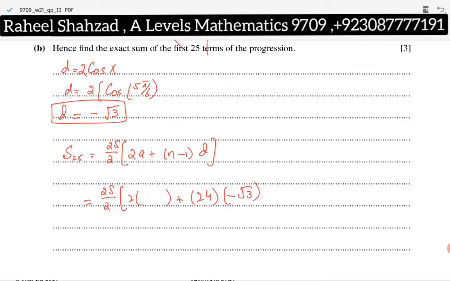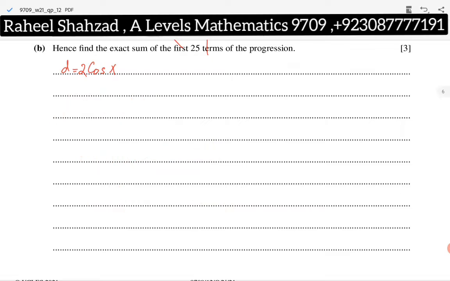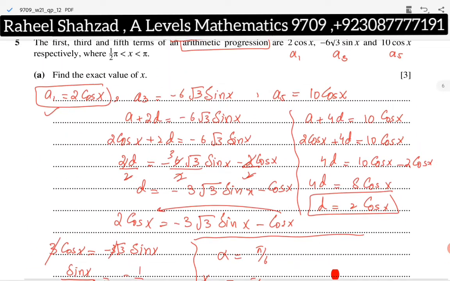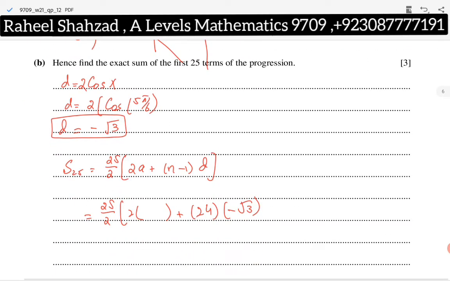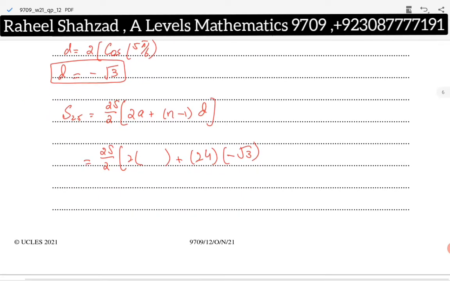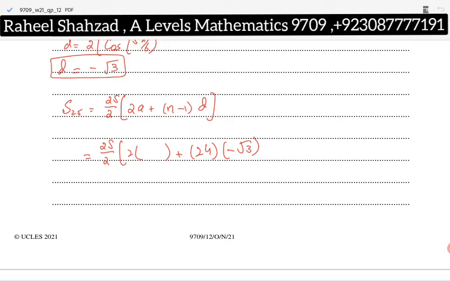What is our first term of the expression? It is 2 cos x, which is again minus under root 3.